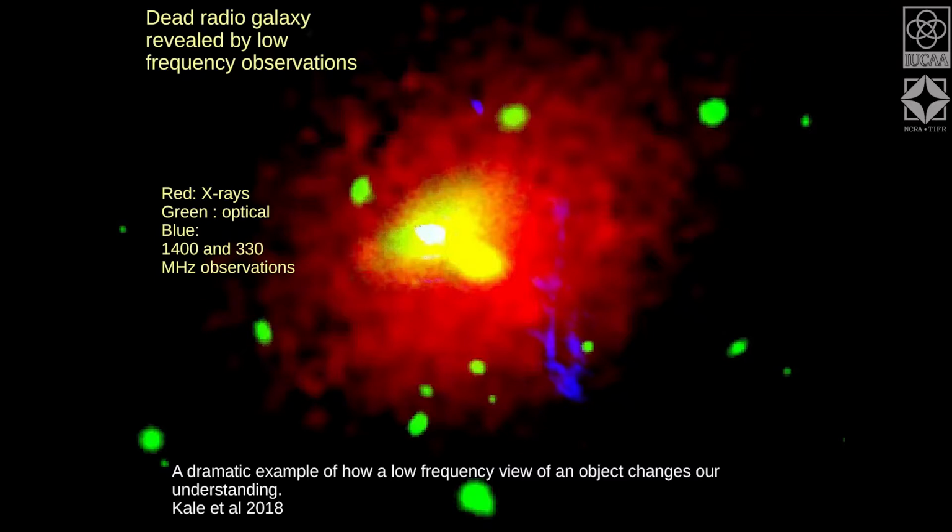As you go to lower and lower frequencies, even within the bands that GMRT observes, the view of your galaxies can change drastically. And this is one example where this old radio galaxy has been drastically modified and distorted by the motion in the intracluster medium.